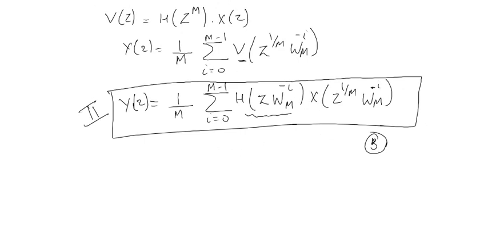Since there is a power of I here, when I solve this, this will be z times W_m to the power I, and I is going from 0 to m minus 1.